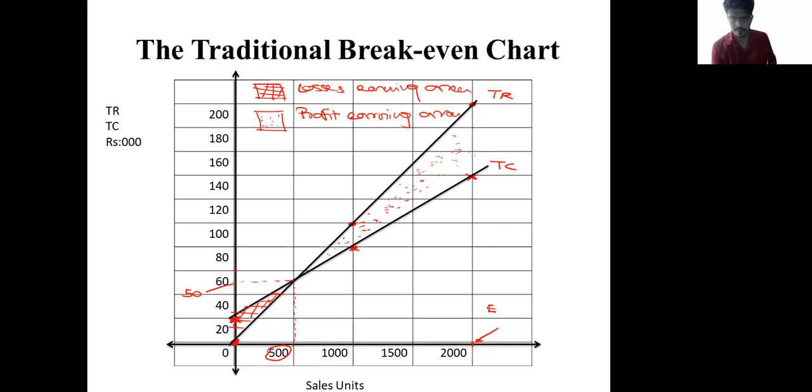Now this is the existing sales amount. Okay, and this is the break-even point sales units. Then this part we can identify as the margin of safety.